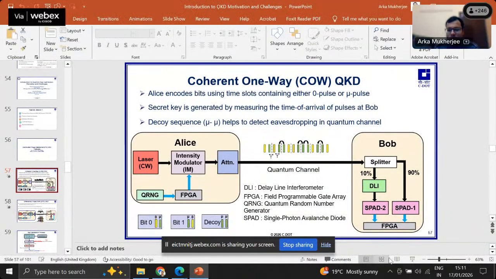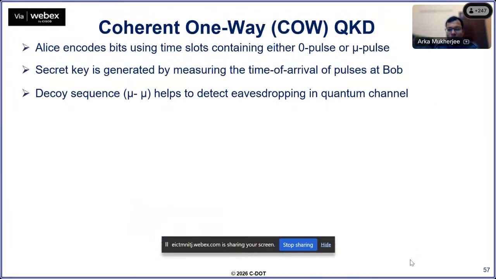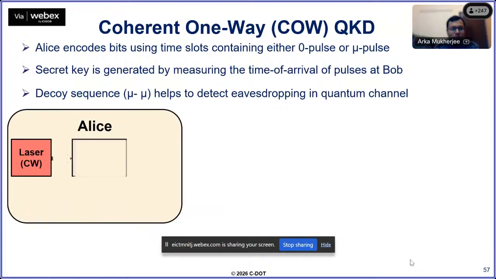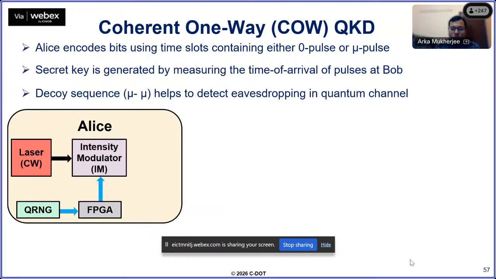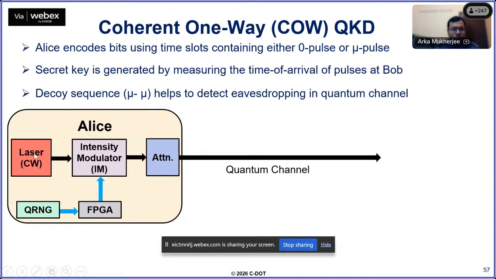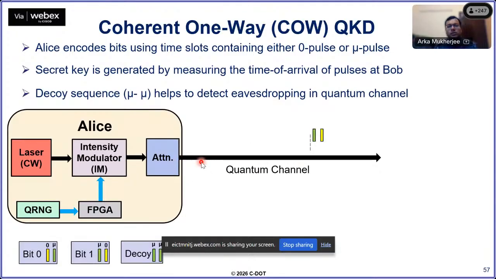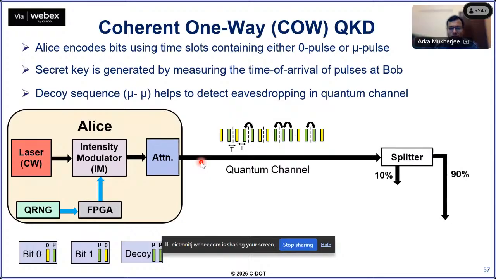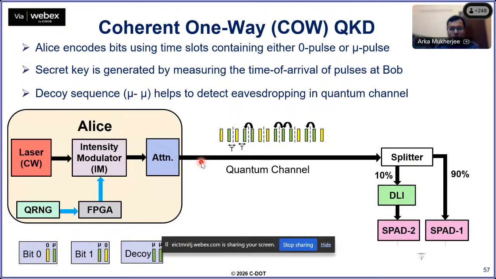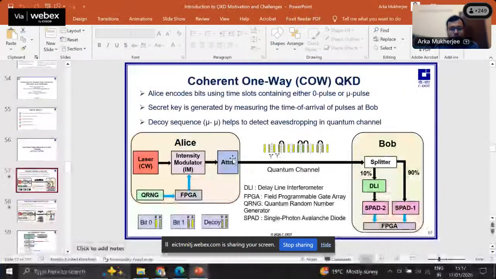Weak coherent pulse means we attenuate a laser, which is a coherent source, and after attenuating it becomes a weak coherent pulse. So it is a continuous wave narrow linewidth laser that we are attenuating. All this implementation is based on weak coherent pulses, because there is no single photon source of very high repetition rate available commercially as of now.